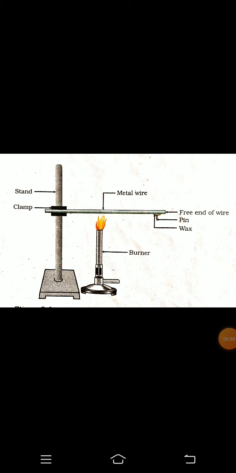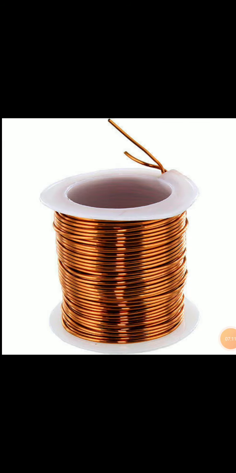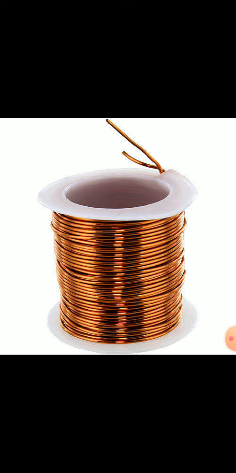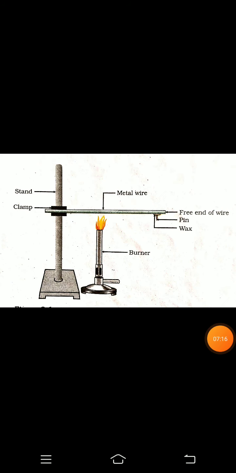Now let us understand activity 3.5. We have to take an aluminum or copper wire and clamp this wire on a stand as shown in the figure. These are aluminum wires. These are copper wires. So we have to make the arrangement as shown in the figure.